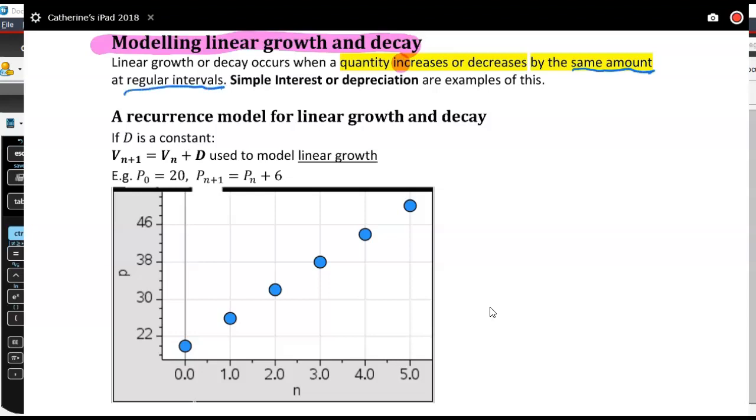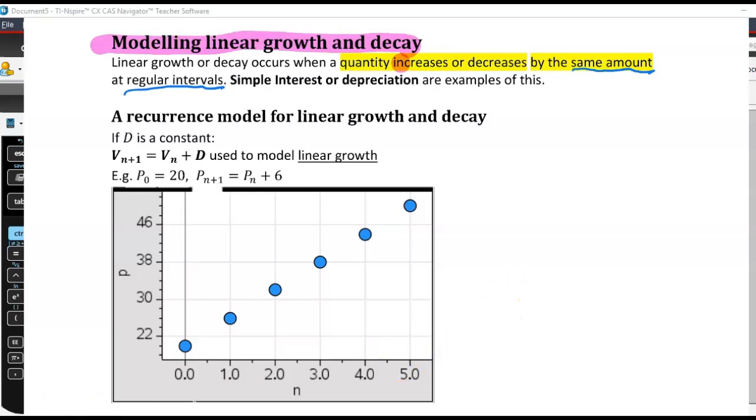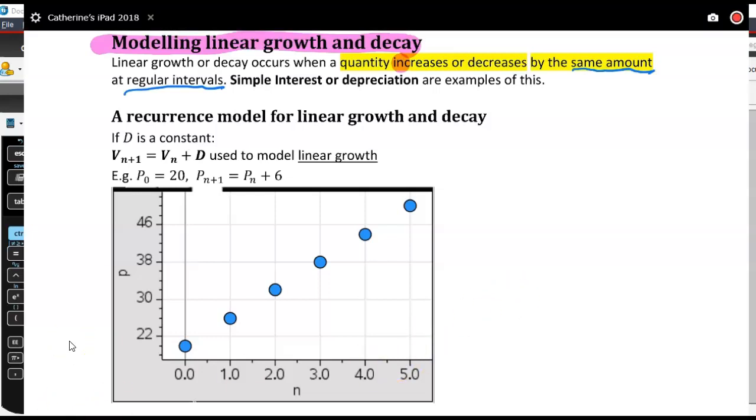Whether this is yearly or monthly or weekly, it's at regular intervals, the same time schedule, and it's always by the same amount. It either increases or decreases, grows or decays by the same amount every time. Okay, so simple interest or depreciation are examples of this.